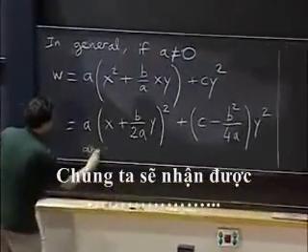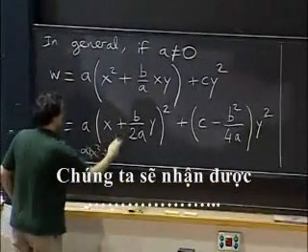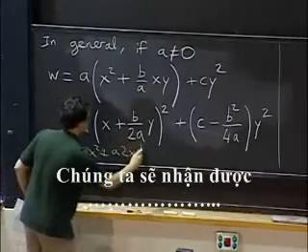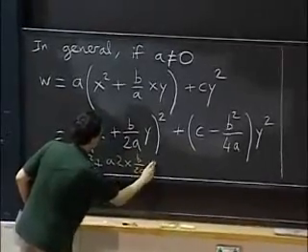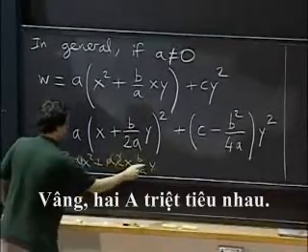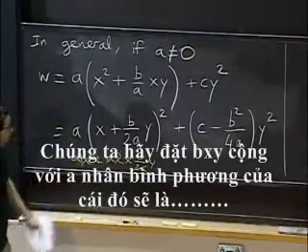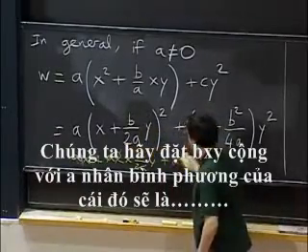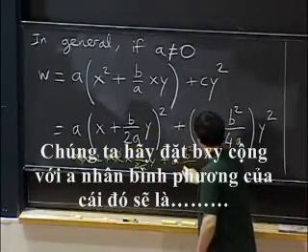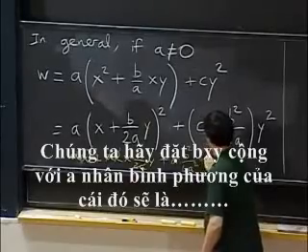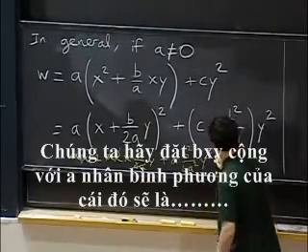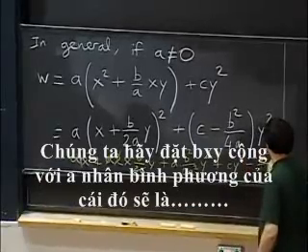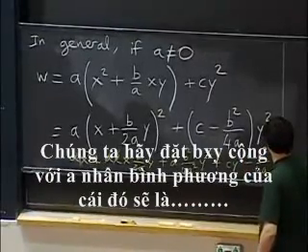We'll get a times x squared plus a times 2x b over 2a y. Well, the two a's cancel out. We get bxy plus a times the square of that. That's going to be b squared over 4a squared y squared plus cy squared minus b squared over 4a y squared.